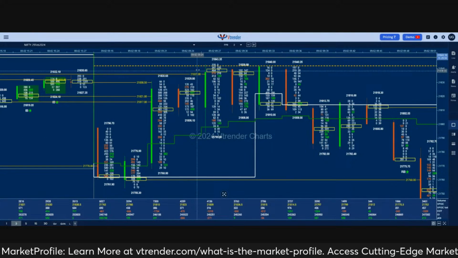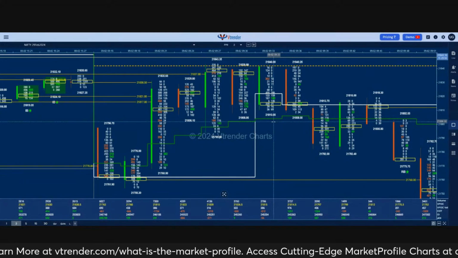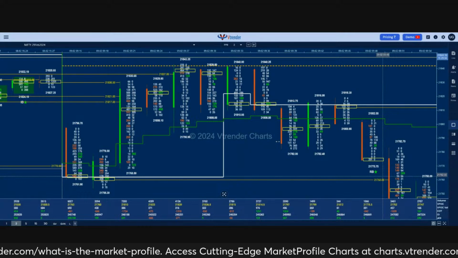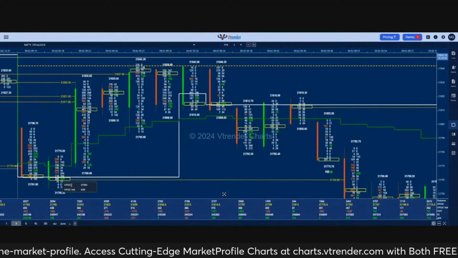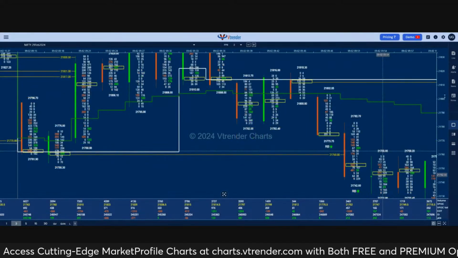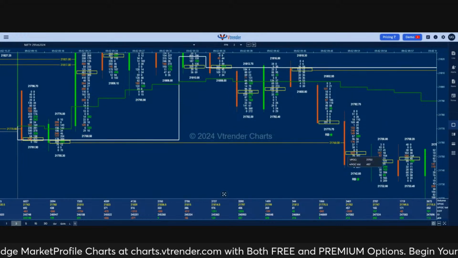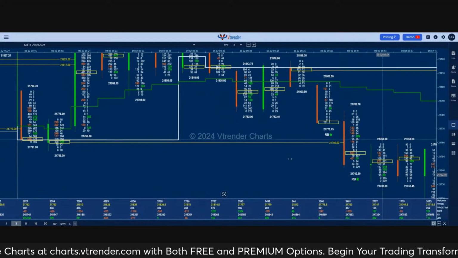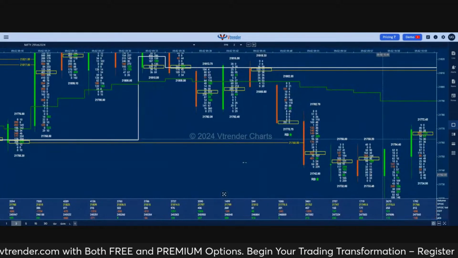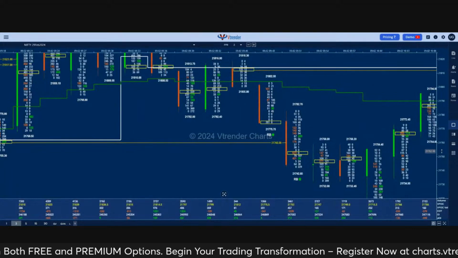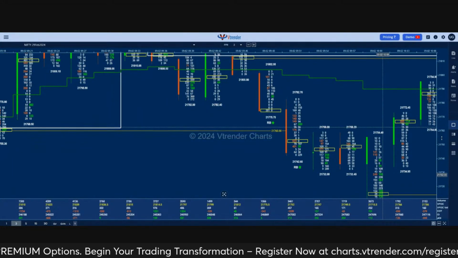That means the sellers were adding at these higher levels. That is the reason we then made this probe lower. We broke below this VWAP and we got fresh selling over here. We can see all reds over here. But still we did not get any IS, so we were not in any short position.